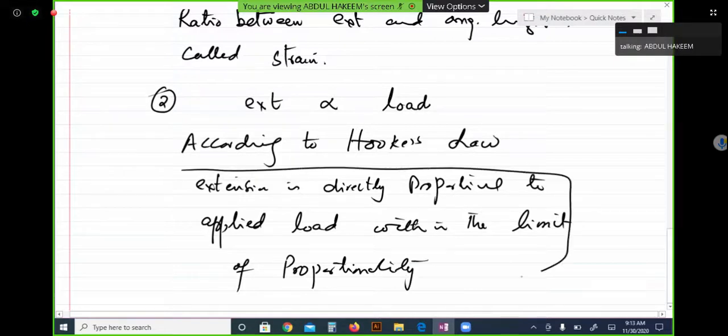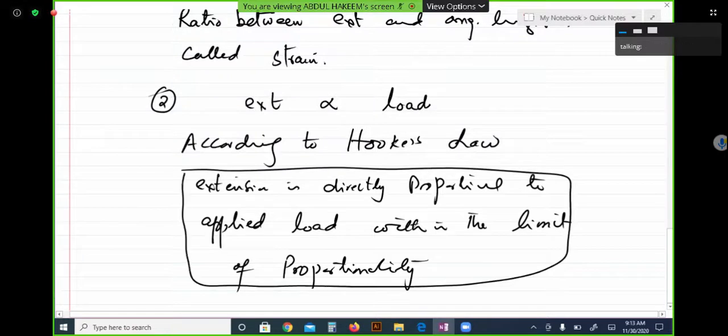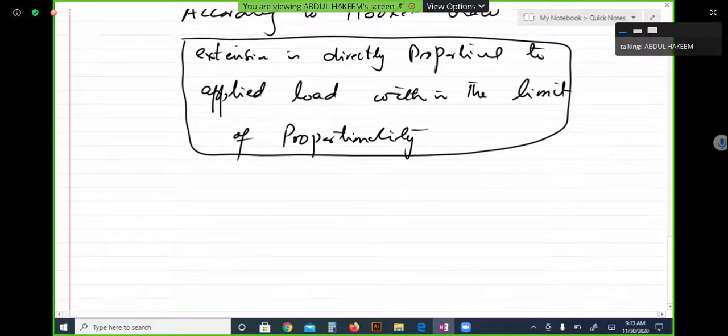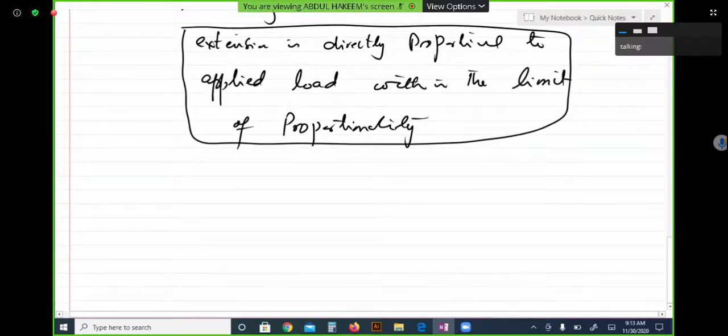So this is the definition of Hooke's law.